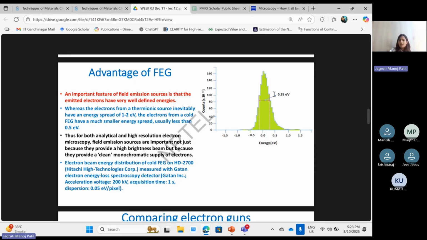It's not only because you are using a source under vacuum, which won't contaminate or provide any aberrations to your sample, but it will give you a clean monochromatic supply of electrons. And that is how you won't have to correct for diffraction in a way.